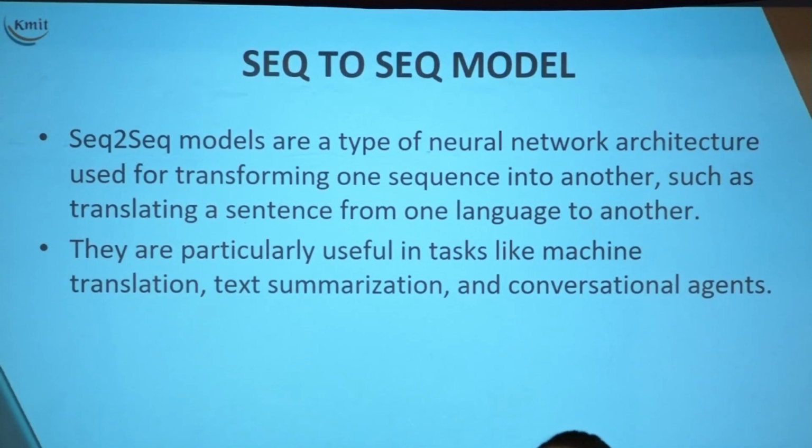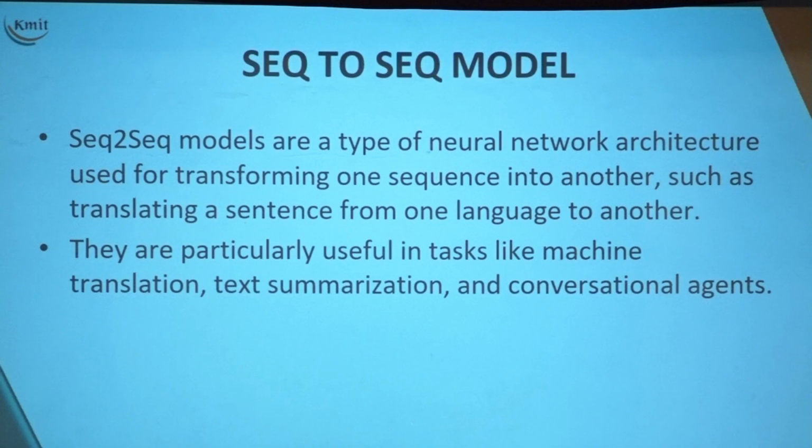That's a basic sequence to sequence model. A neural network architecture that takes input as a sequence and generates output also as a sequence is nothing but a sequence to sequence model, basically like translating a sentence in one language to another.